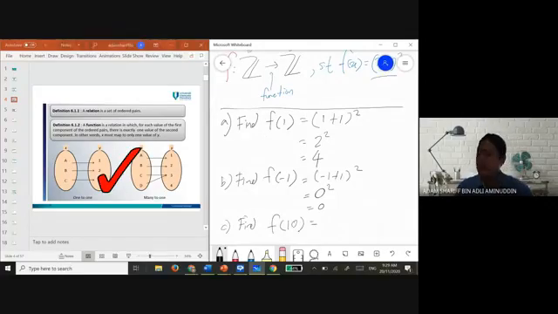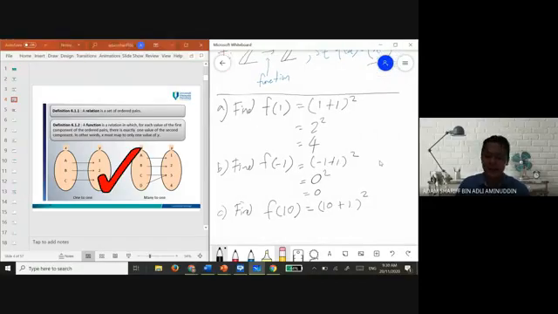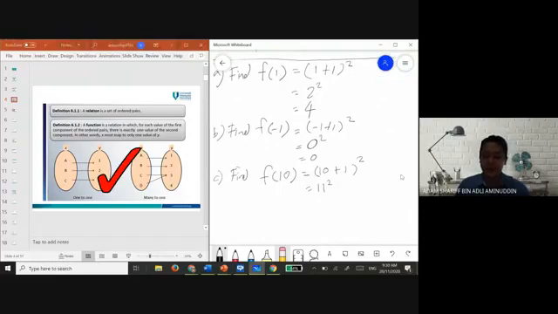Kamu kira sendiri berapa. Masuk balik dalam (x + 1), (10 + 1) squared. Jadilah 11 squared. Jadilah 1 to 1.